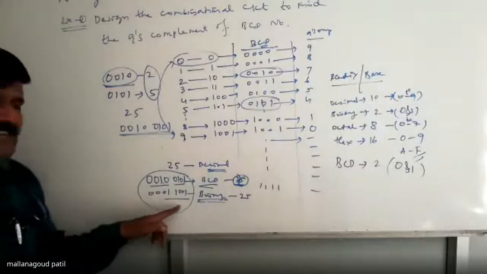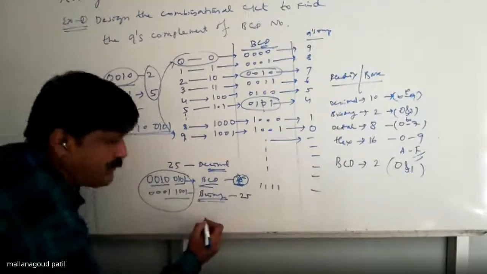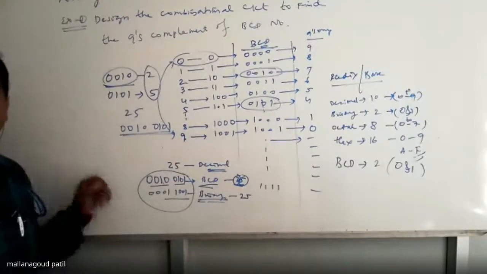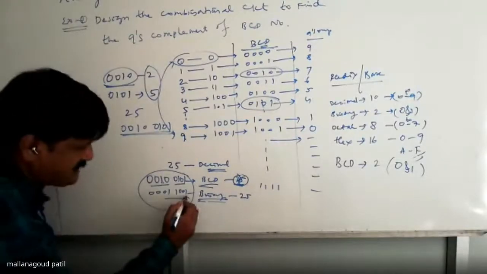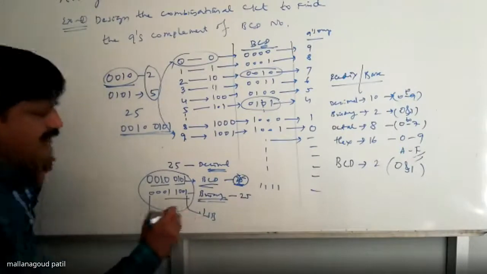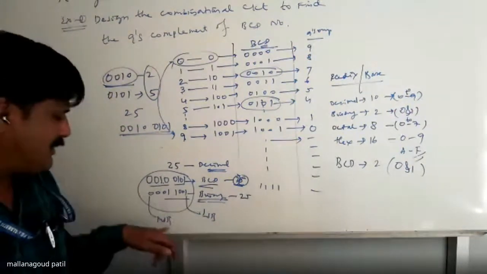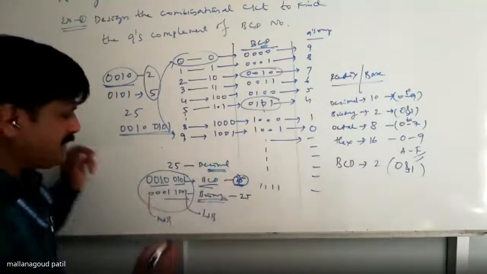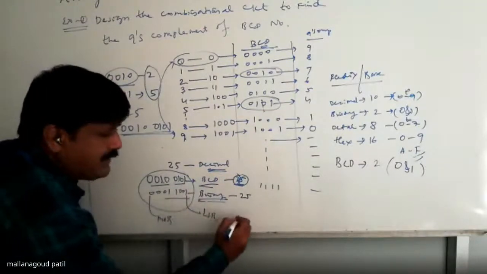But how are you representing in binary? Binary value starts with positions from the least significant bit to the most significant bit. See here, this is my LSB and this is my MSB. The least significant bit value will be 1.